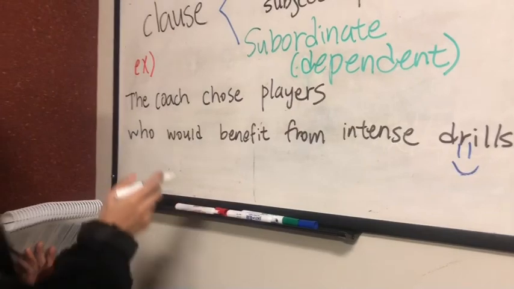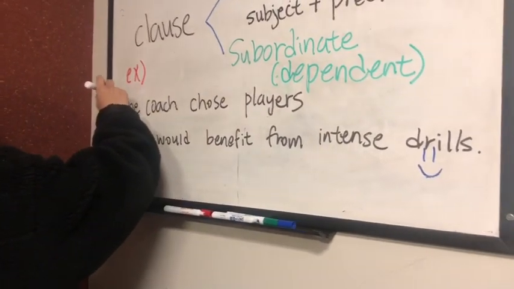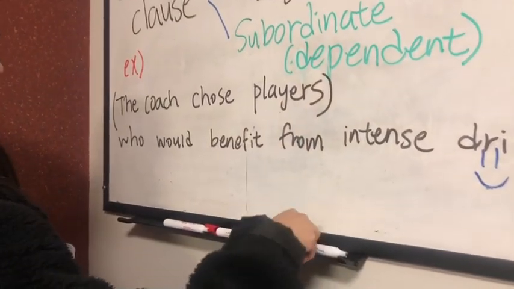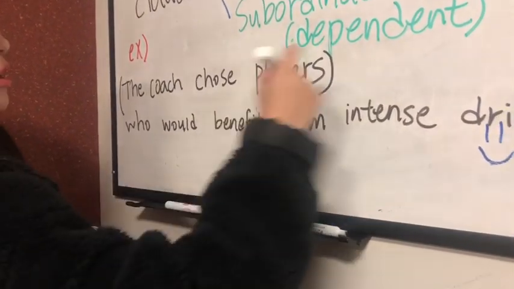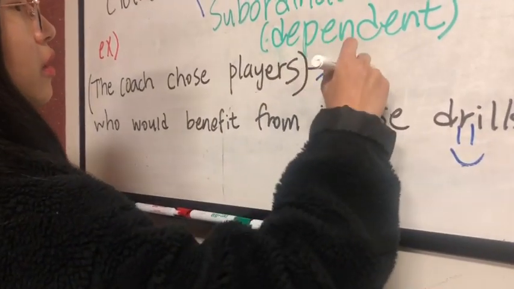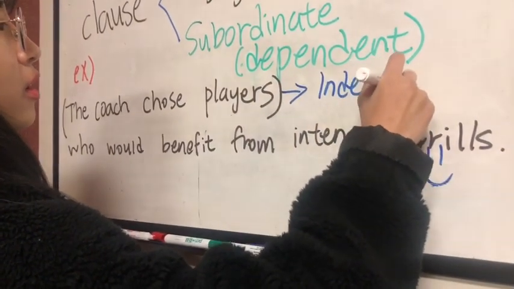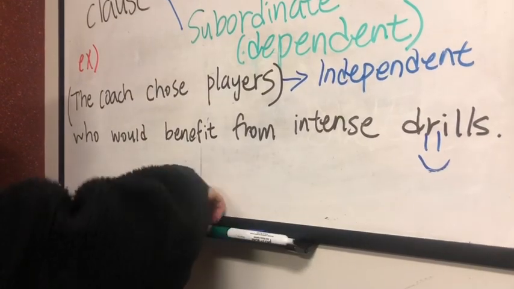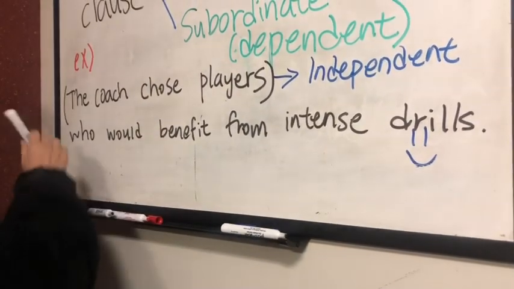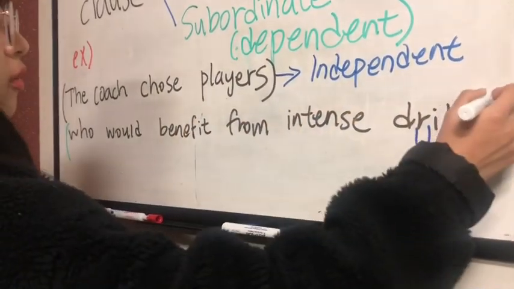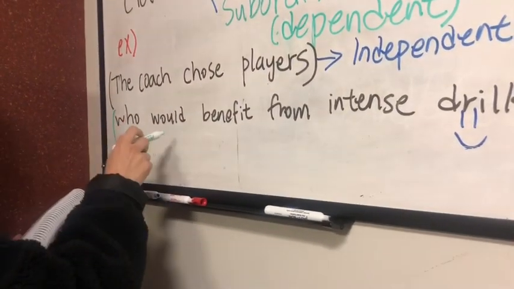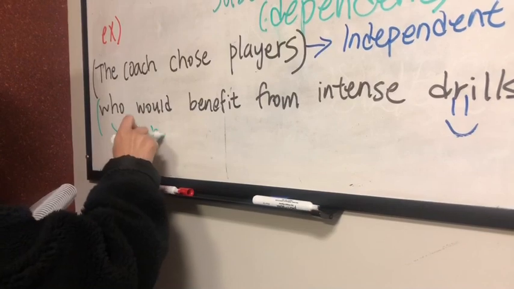In this sentence, the first clause, which is here, would be the independent clause. And the bottom one cannot stand alone, so this would be the subordinate clause.